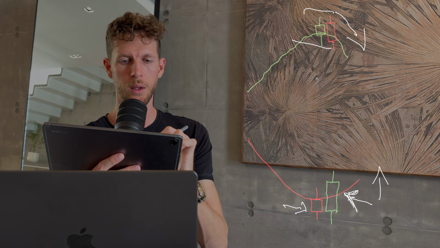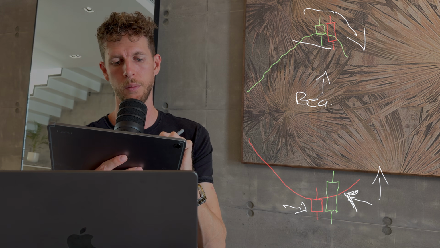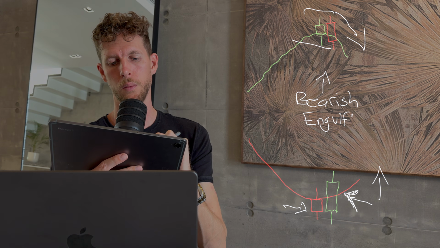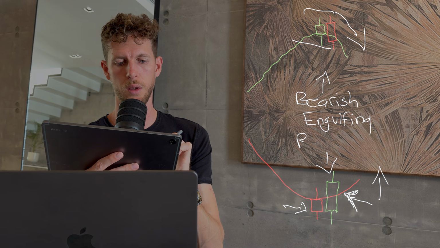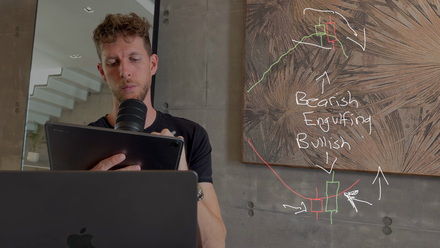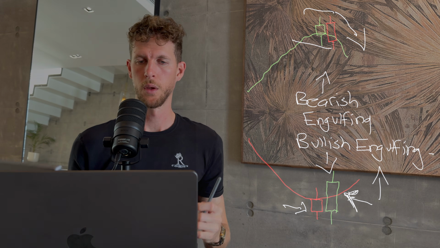So again, this one here is a bearish engulfing. This one here is a bullish engulfing. So let's jump on the chart and I'll show you a real life example.